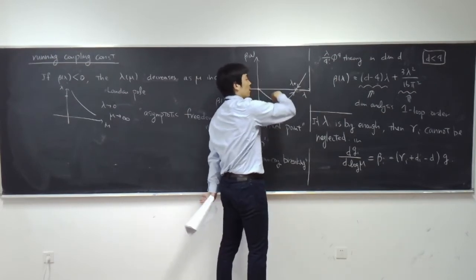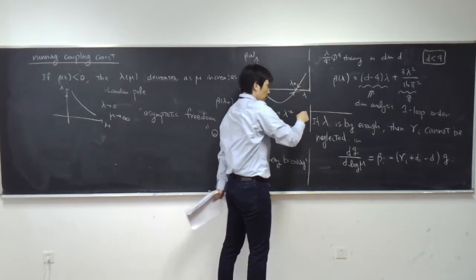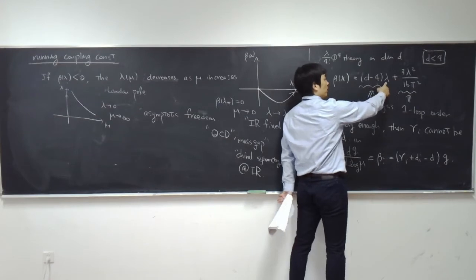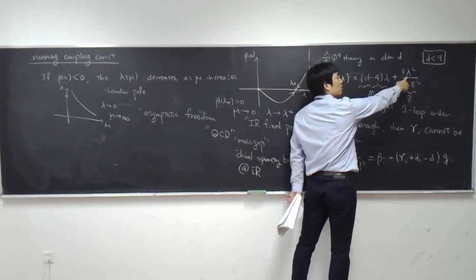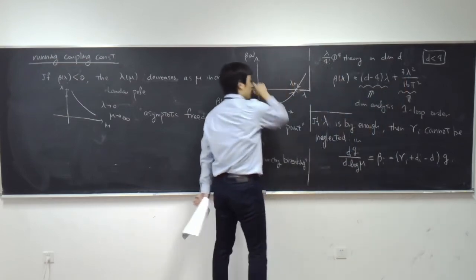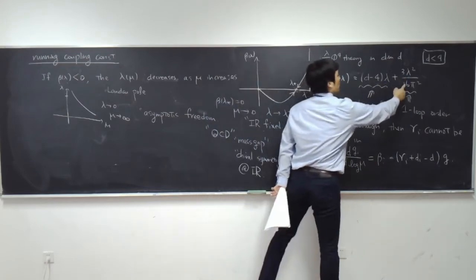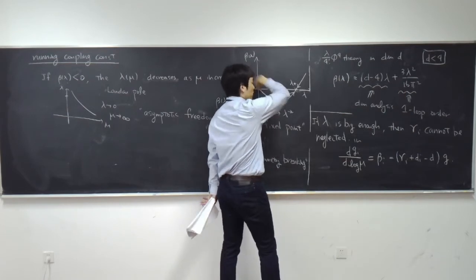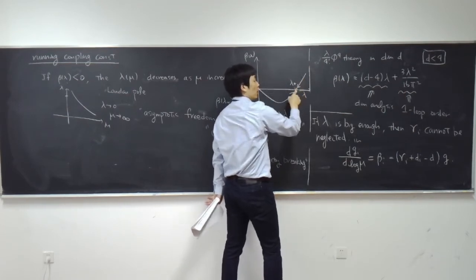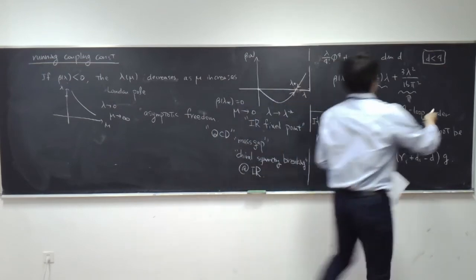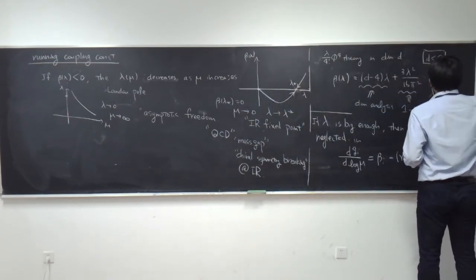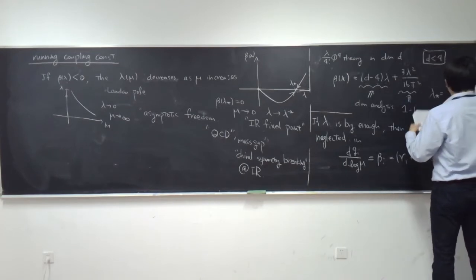But as lambda becomes bigger, this second term becomes dominant. So this is negative, this is positive, and the curve becomes bent and reaches the point here. In phi-four theory, this lambda star is given by 16 pi squared over 3 times (4 minus d).